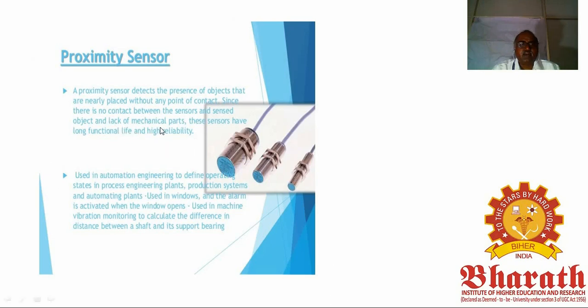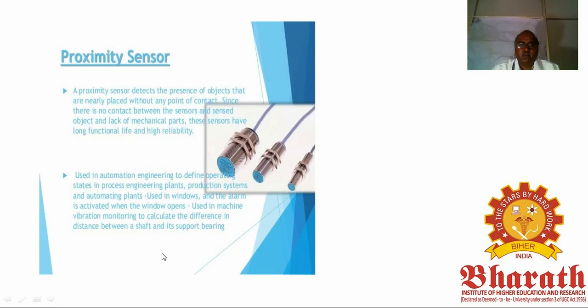They do not have any mechanical parts, hence they have a very long life, aging is very low, and they are highly reliable too. Automotive engineering widely uses such proximity sensors, especially in process engineering plants and production systems.